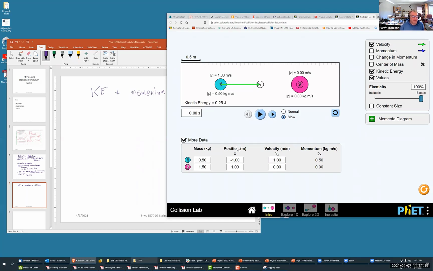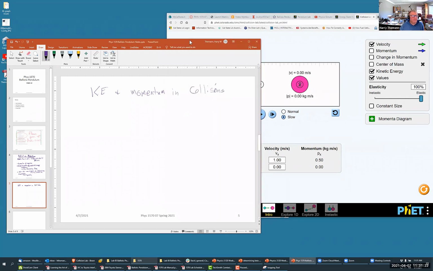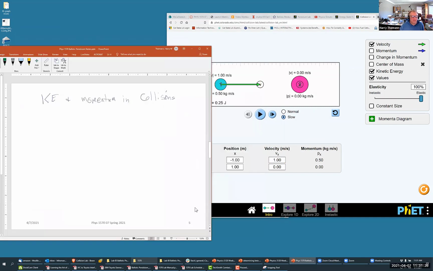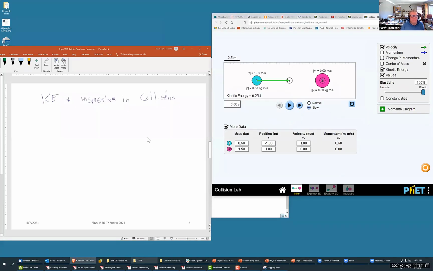So what we can see here, we have a kinetic energy, let's see how I can get these both on the screen. So we see that we have KE, well, we can just do KE total.